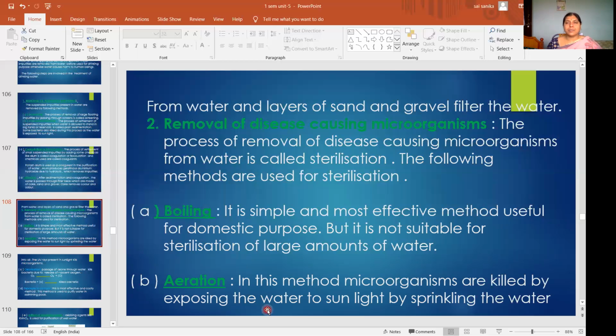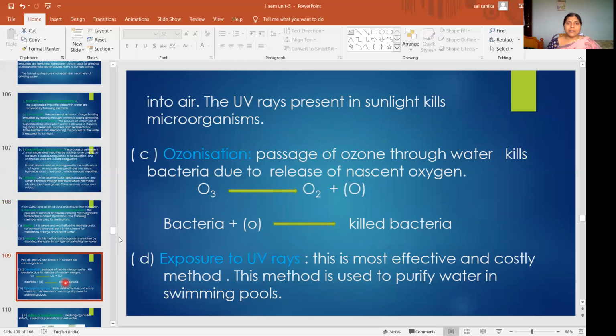Here we are exposing the water to sunlight. How are we exposing it? By sprinkling the water into air. When you sprinkle the water into air, the UV rays present in sunlight kill microorganisms.